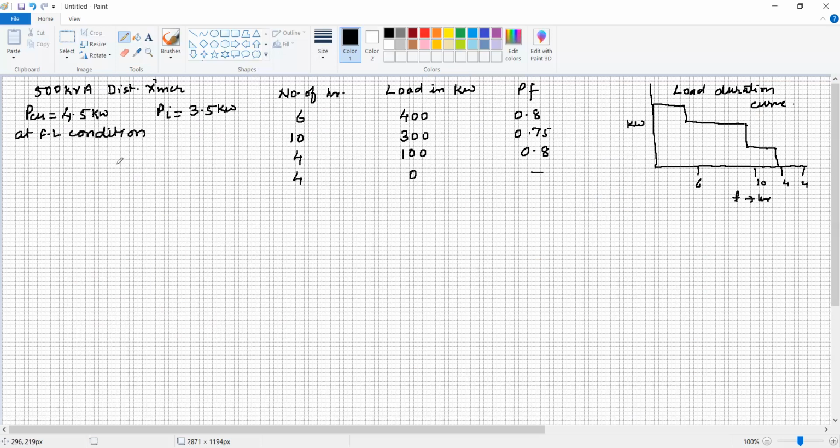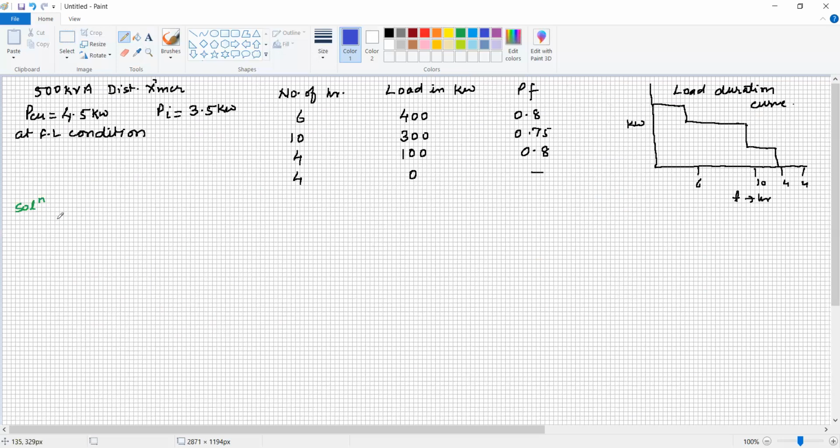What is the copper loss at full load? It's 4.5 kilowatt, but it does not remain 4.5 kilowatt. It is different for 400, different for 300, and different for 100. So for that purpose, we will calculate the KVA ratings, and from the KVA rating it is possible to get the copper losses.